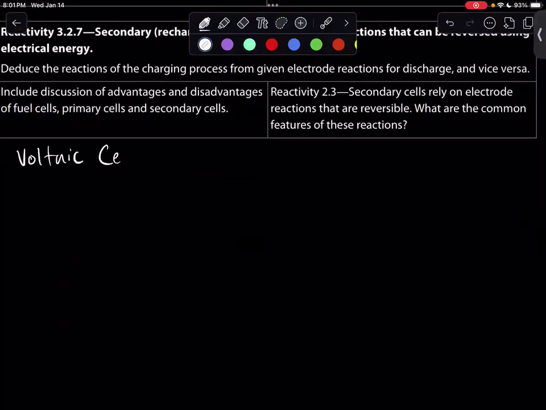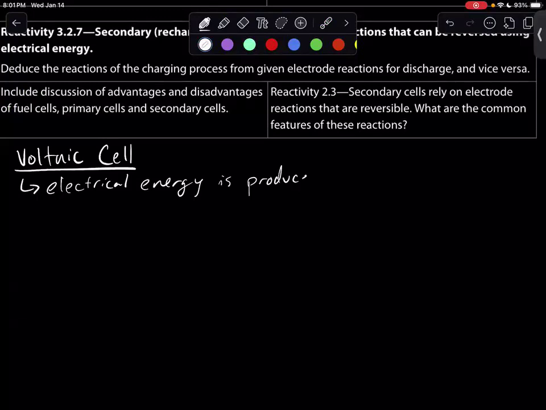So a voltaic cell is what you're going to most commonly see on your DP exam, deriving equations, deriving electron flow and such. But remember, this is where electrical energy is produced from spontaneous redox reactions. So your spontaneous reaction produces an electrical current.